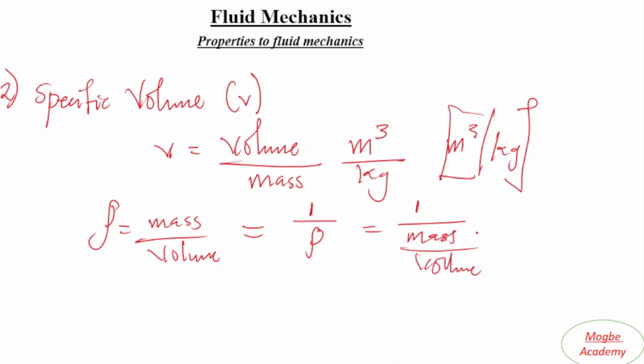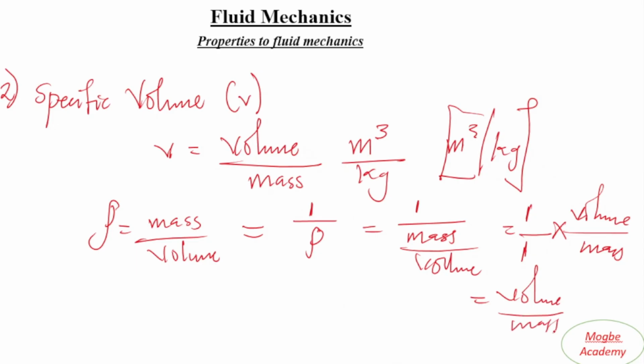Now remember, what we have here can be written as 1 divided by mass over volume. If you are multiplying, your volume is coming up, your mass is coming down. So we simply have volume divided by mass. So this will simply give you volume over mass. We can see that we are still having volume over mass here.